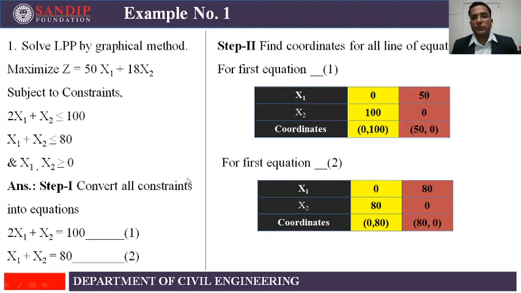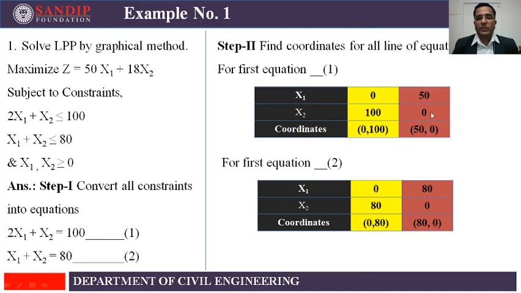Now move towards the second step. In step number 2, find coordinates for all the line equations. For the first equation, 2x1 plus x2 equals 100, first put x1 as 0, we get x2 equals 100.